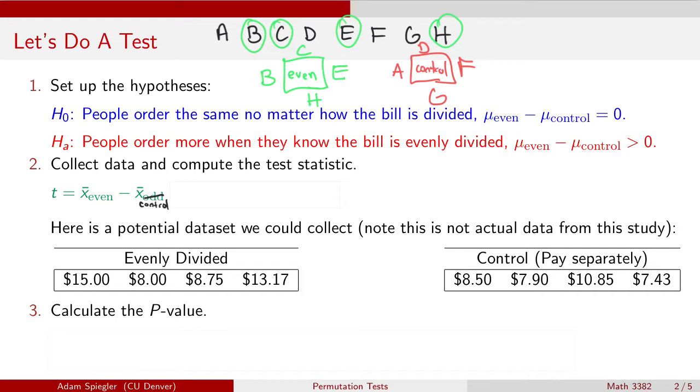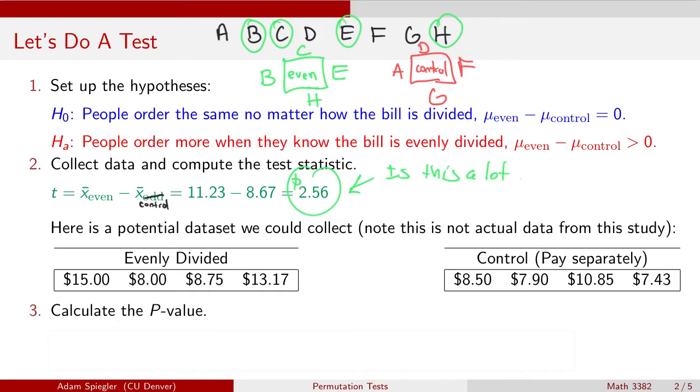In this case, our corresponding test statistic of this sample would be the mean from this table, which is $11.23, minus the mean for this table, which is $8.67. So over here, we could see that the table that split evenly did pay more. And so the question is, is that a lot more? And that's a complicated question.